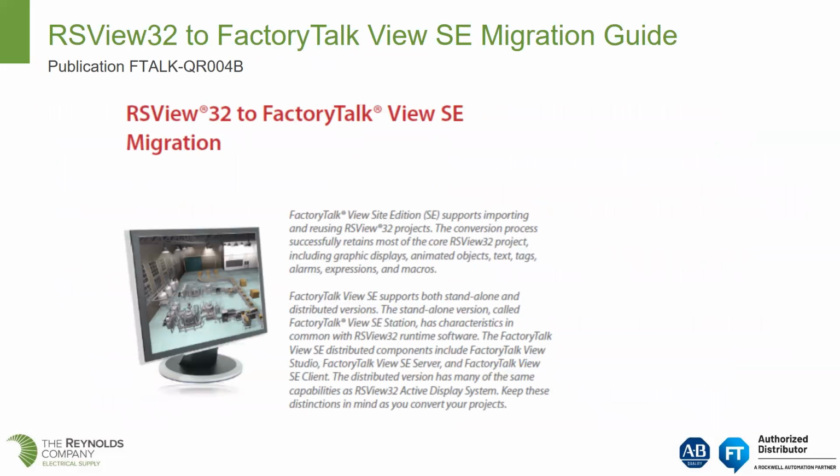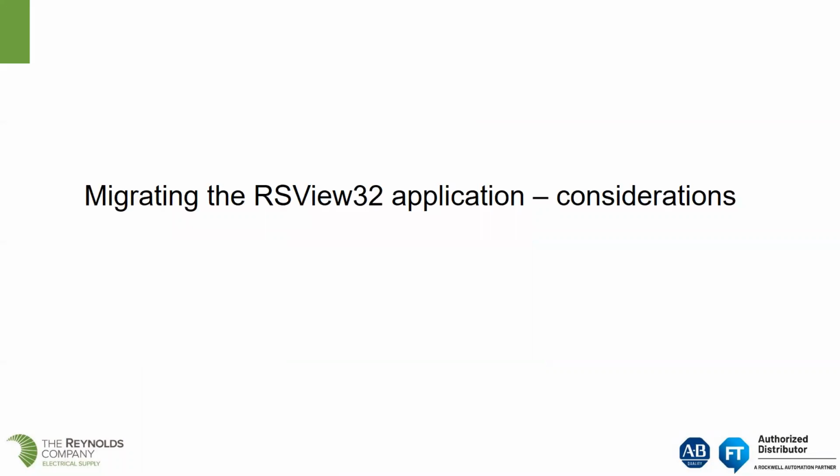Another publication to reference, I would ask you to Google this or pull it off of the Rockwell Automation documentation website: the RSView32 to FactoryTalk View SE migration guide. This guide goes through the various steps of migrating and the objects that will not be migrated and how to get through migrating those objects.